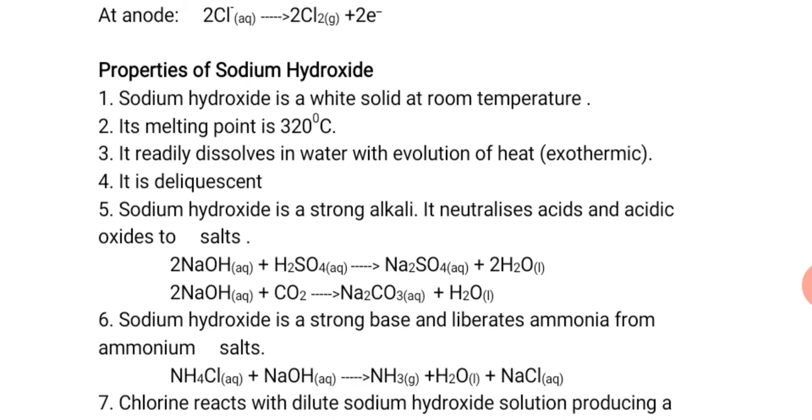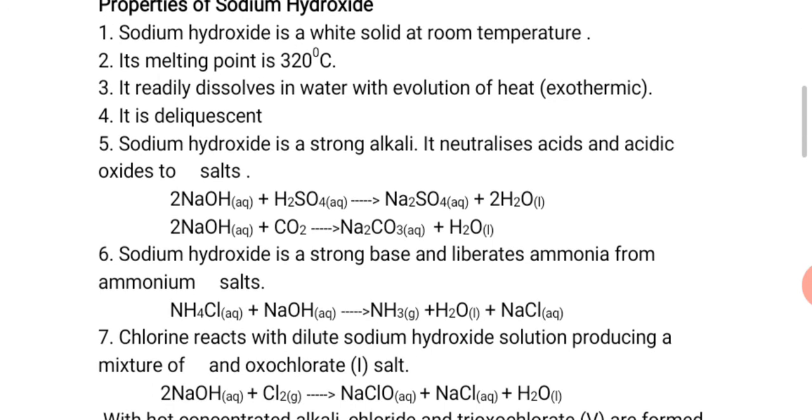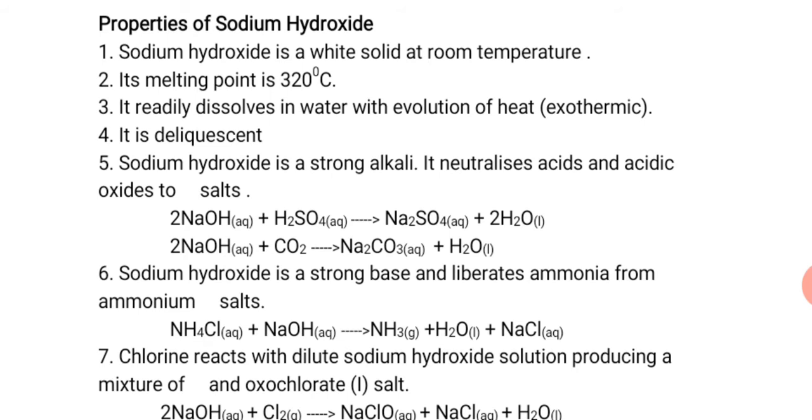Properties of sodium hydroxide. 1. Sodium hydroxide is a white solid at room temperature. 2. Its melting point is 320 degrees Celsius. 3.